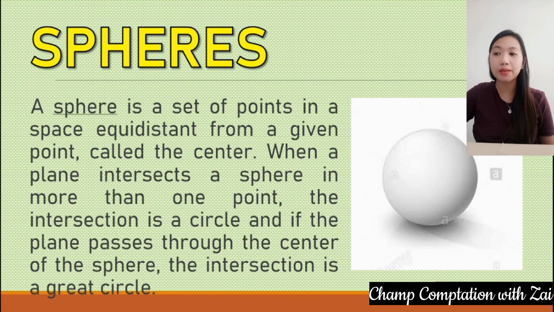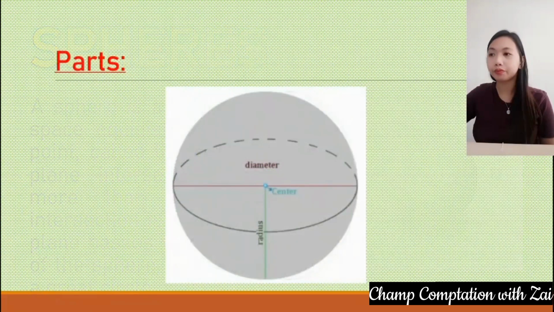And if the plane passes through the center of the sphere, the intersection is a great circle. As you can see in the figure, a sphere is like a ball. These are the parts of a sphere.